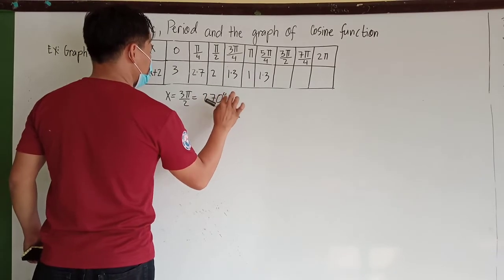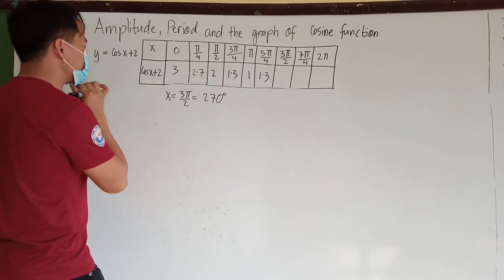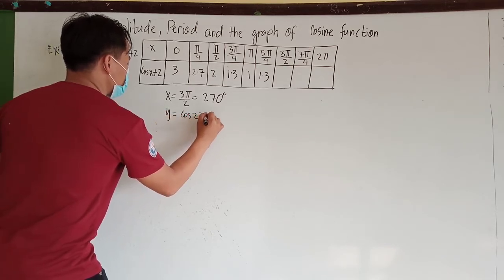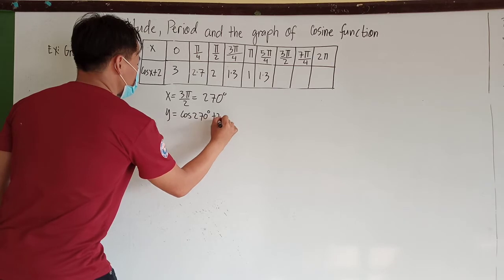Therefore, we have here y is equal to cos of 270 degrees plus 2.